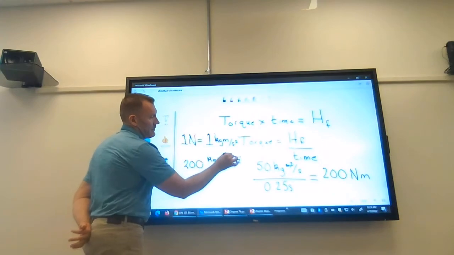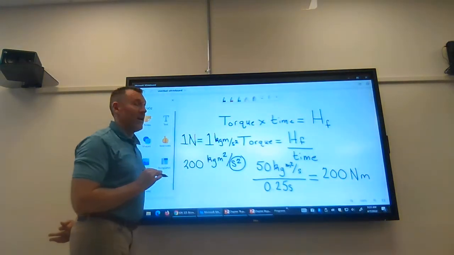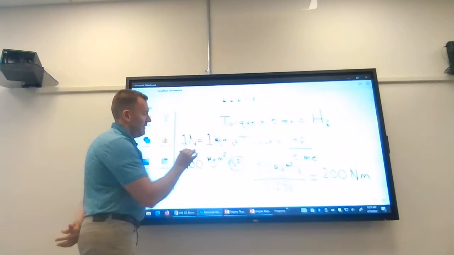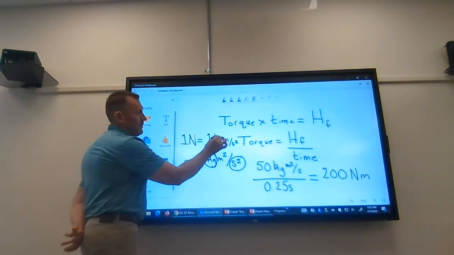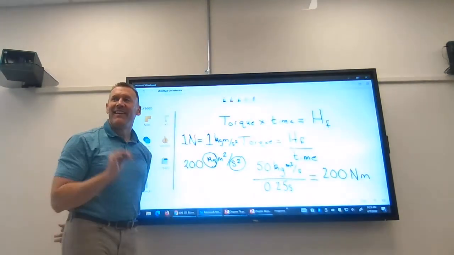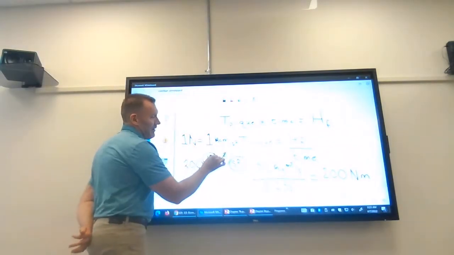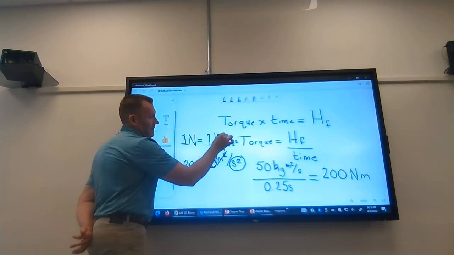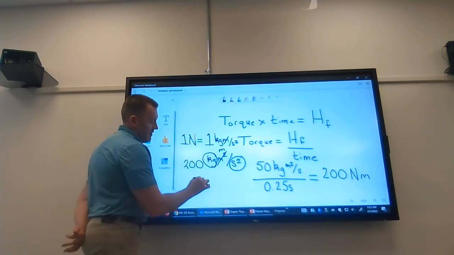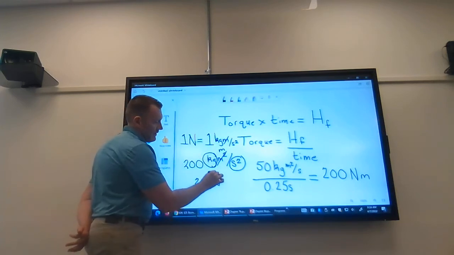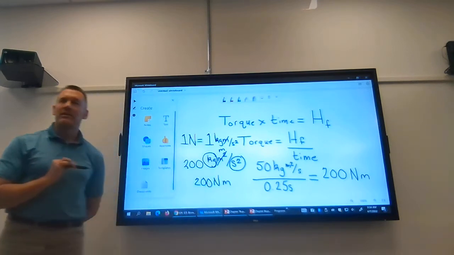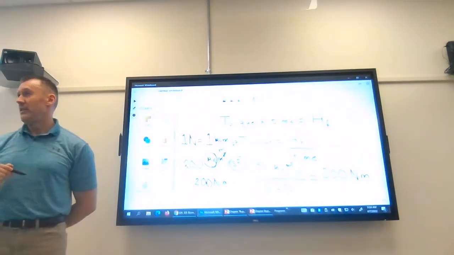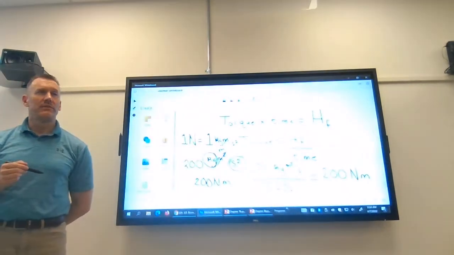So seconds squared is gone. What about kilograms? Yeah, kilograms is gone. How many m's do we have here versus here? We have 2, so we still have that there. So we're basically able to get it down to just a Newton meter in torque. So that's how we come up with Newton meters from all of those different variables.